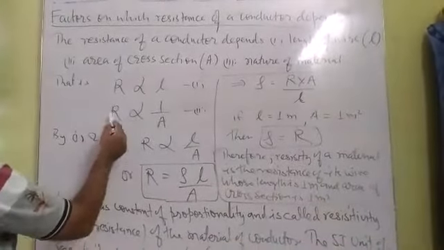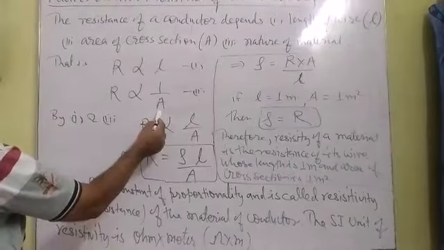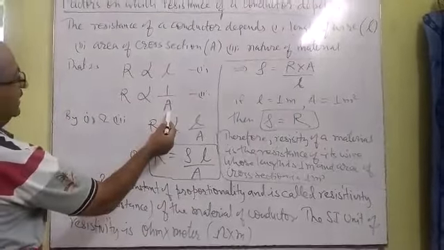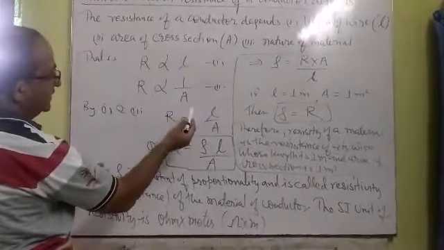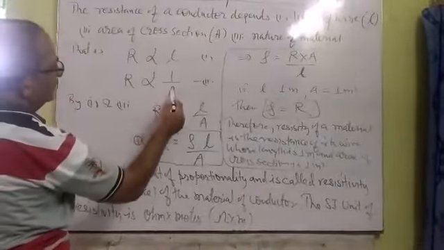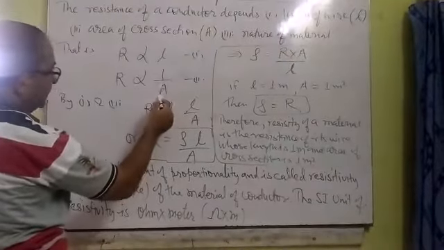Second, R is inversely proportional to the area of cross section, meaning a thin wire has more resistance but a thick wire has less resistance. As the area of cross section increases, the resistance decreases. So R is inversely proportional to A, the area of cross section.